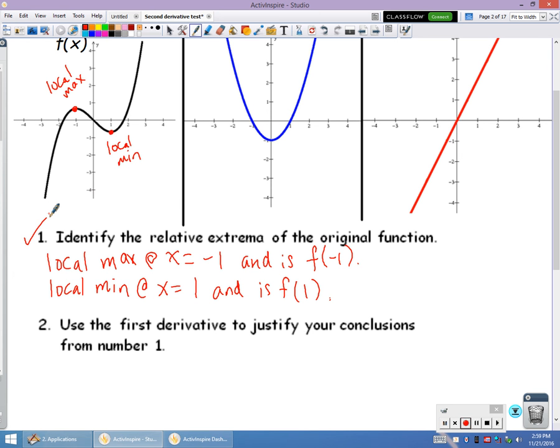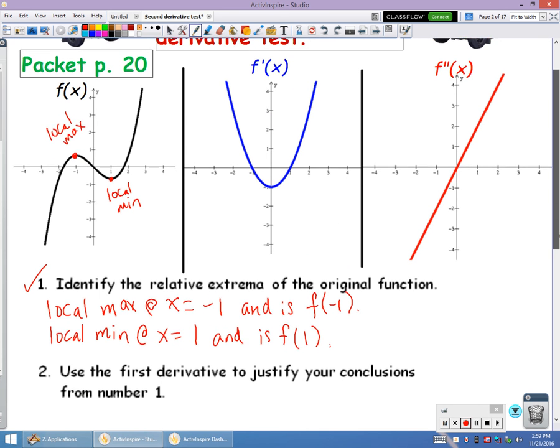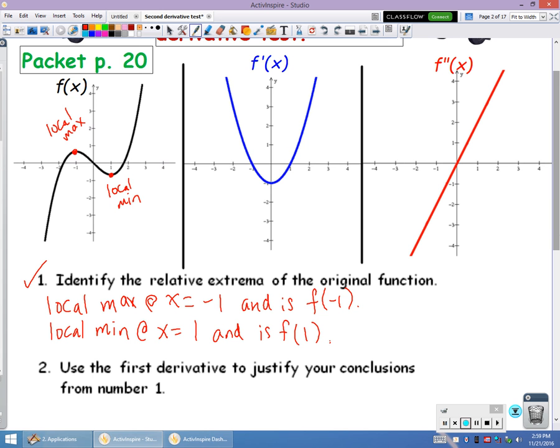Secondly, we're going to use the first derivative to justify our conclusions from number 1. This is really an application graphically of the first derivative test. If we go over to the first derivative, we see that we have a critical number at x equal to -1 and a critical number at x equal to +1 because the first derivative is 0 at each of those values.